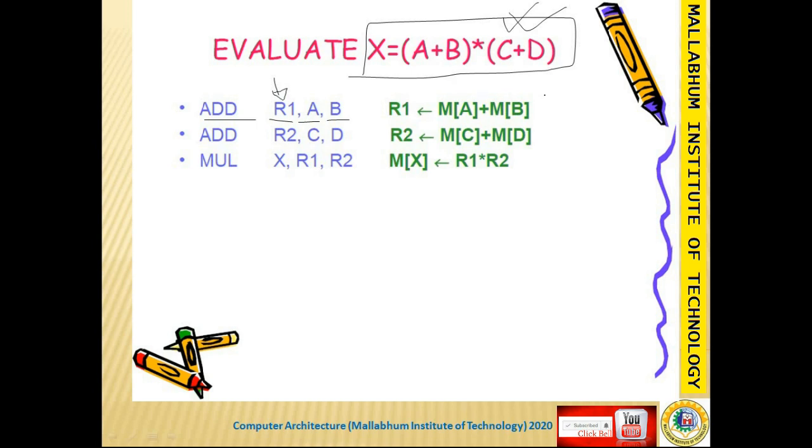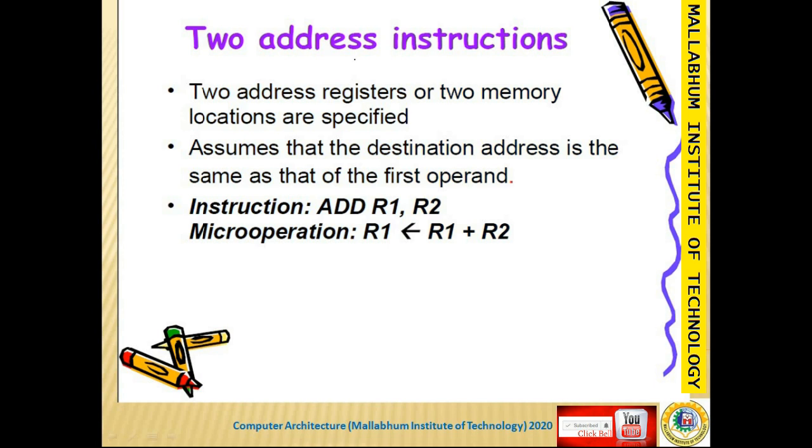So this is the addition, and this is the multiplication command, the symbolic command. Here we want to store the result in the final register after multiplication of these 2. So this is the format of the 3 address instruction for the evaluation of this arithmetic expression.